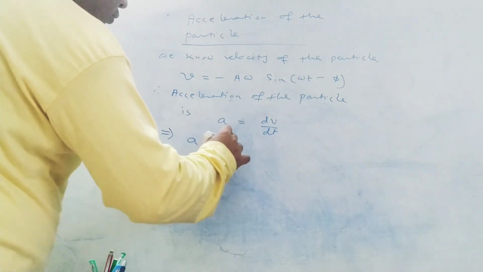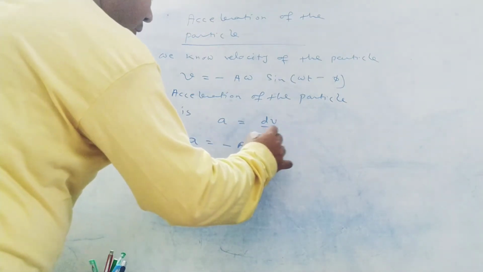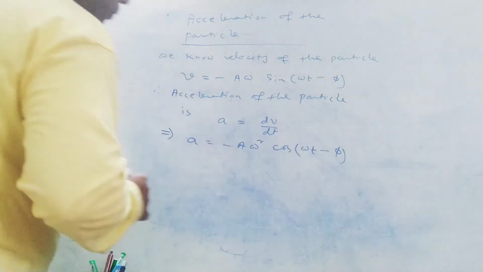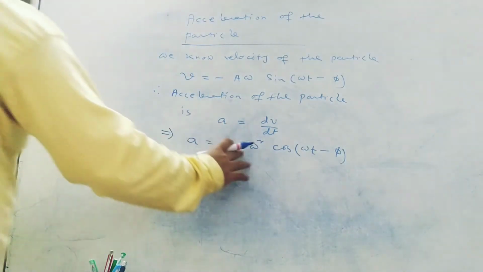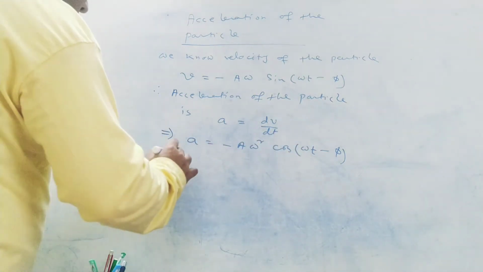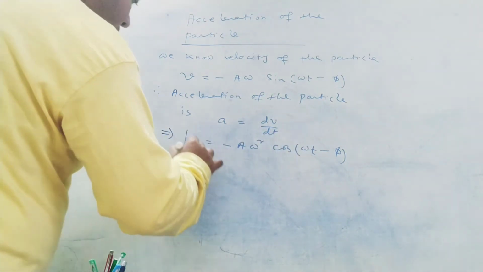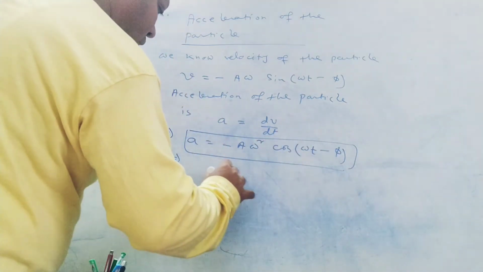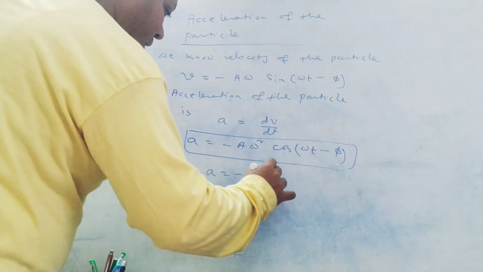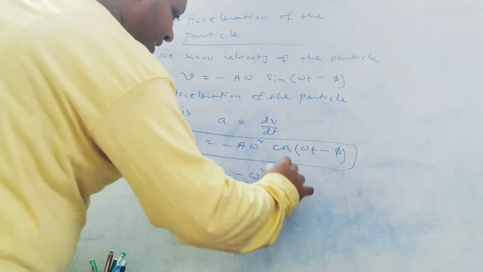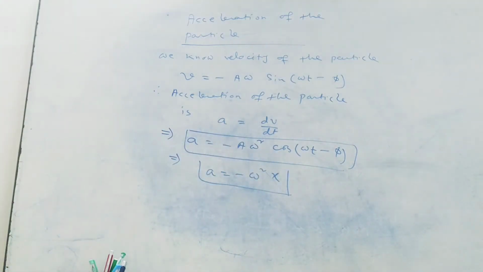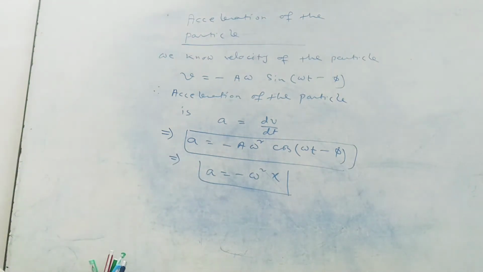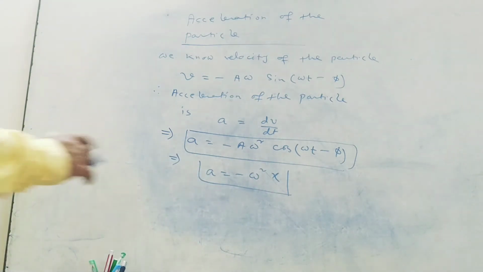This gives a is equal to minus a omega square cos omega t minus phi. You know that a cos omega t minus phi is equal to x. Therefore, we can also write that a is equal to minus omega square x. This is another expression of acceleration of the particle executes S.H.M.